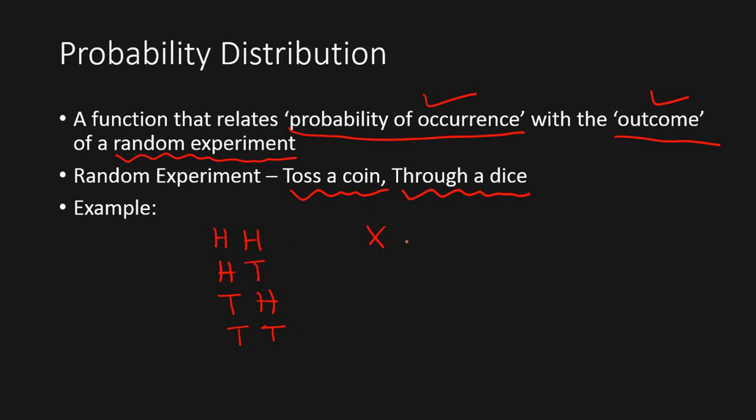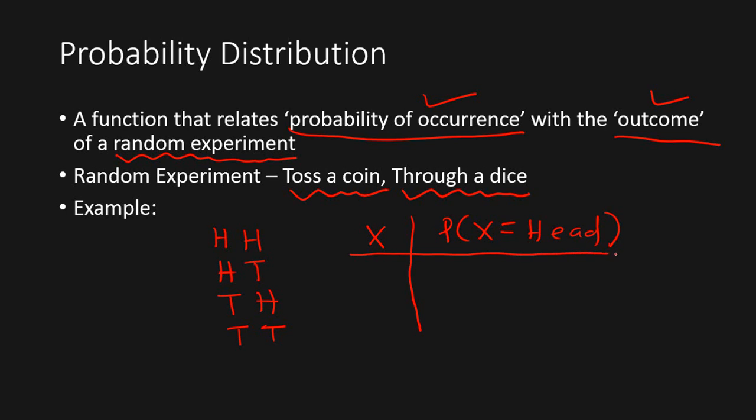Now we will try to relate the outcome with the probability that the outcome is going to have a head, right? So x is the random variable which captures the outcome, and probability of x taking head, or the number of heads, is the probability associated with that outcome.